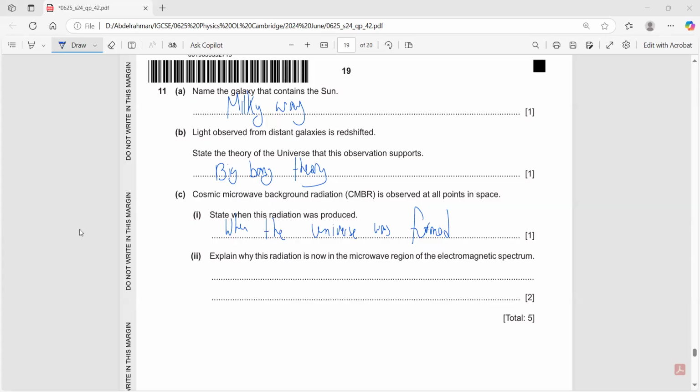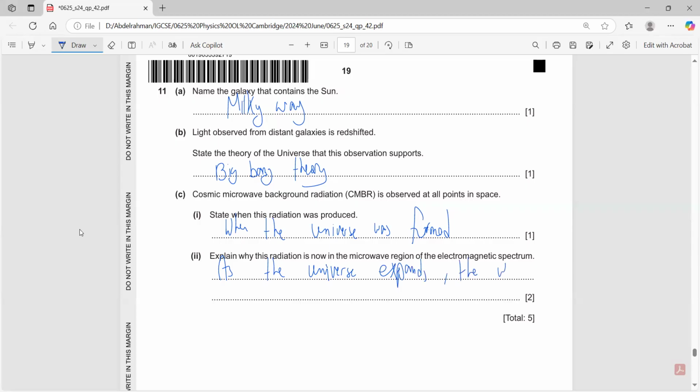So as the universe expands, what happens to the waves? They get red shifted, or the wavelength increases. The wavelength increases as the universe expands.